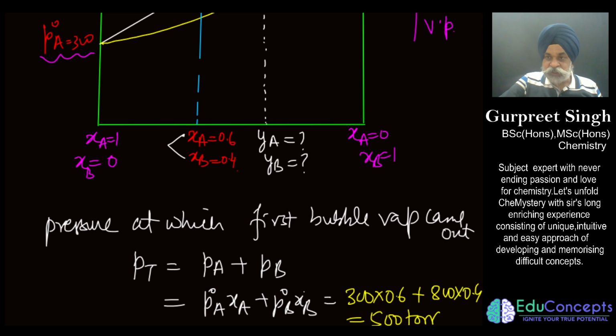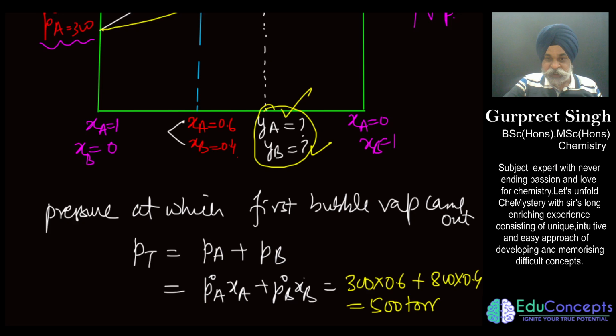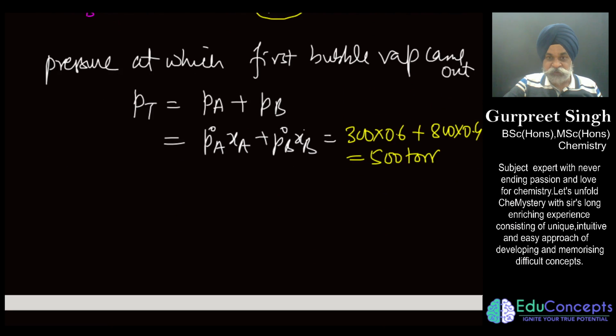So at 500 torr, when the pressure is decreased from 760 to 500 torr, you end up getting the first bubble, which would have this vapor phase composition. Now since you know the P total, corresponding to this P total you can also evaluate the vapor phase composition of the first bubble. Let me do that one also.